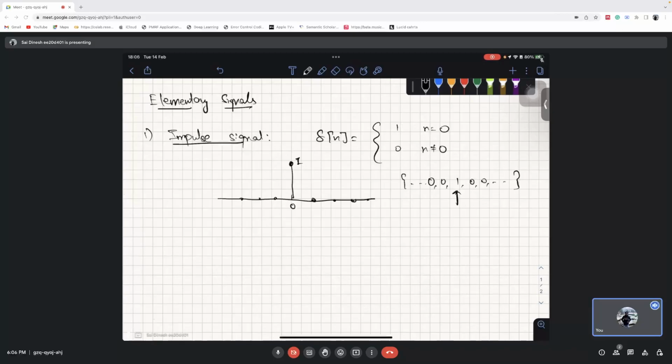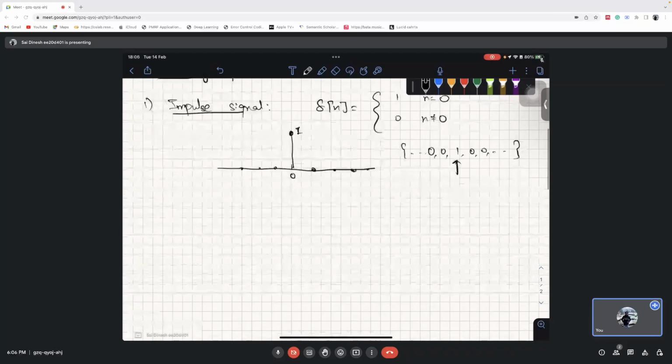When we talk about linear time invariant systems, we will talk about the impulse response of a system. Impulse response means that we give this impulse signal as input to the system, and we find the output of the system. That is known as the impulse response: how the system responds to an impulse signal. So this is the impulse signal.